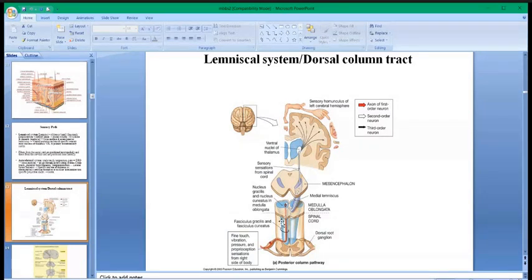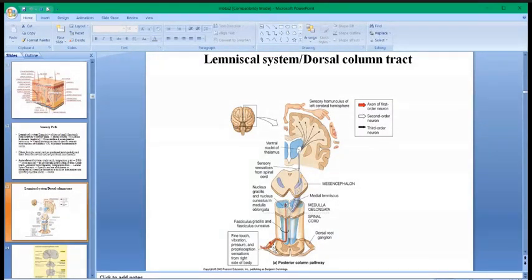Now this one is spinal cord, this one is medulla oblongata. This nucleus is called nucleus gracilis or nucleus cuneatus.